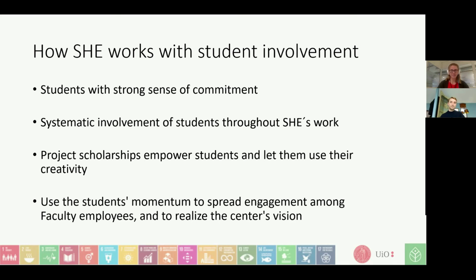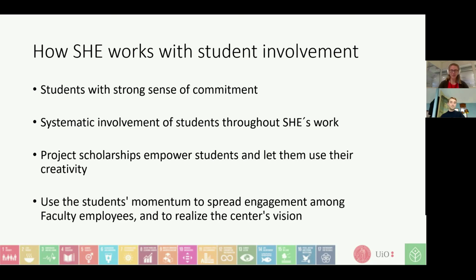In this way, SHE empowers students to play an active role in the development of education, as well as giving them the opportunity to explore aspects of health and the SDGs that they find interesting. We have already awarded the first round of scholarships this spring, and you will hear more about one of these projects after the break.